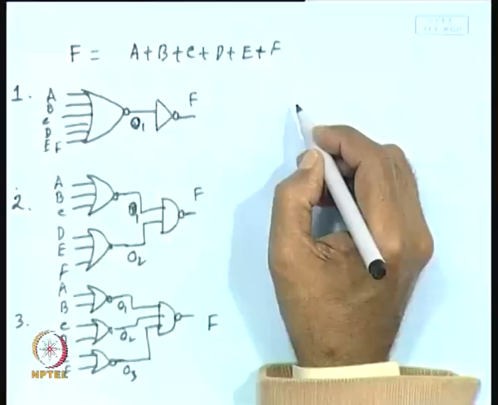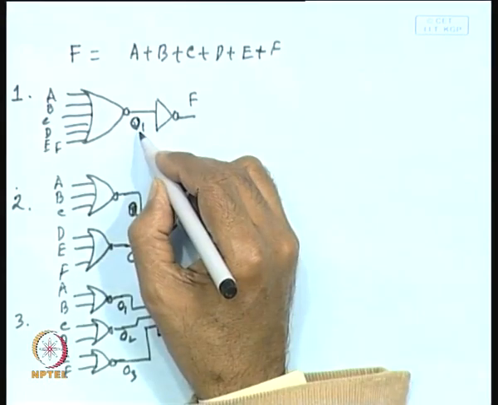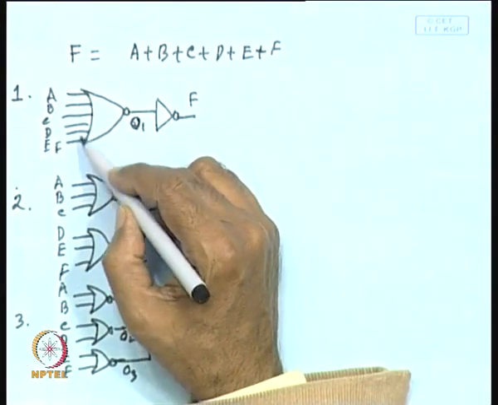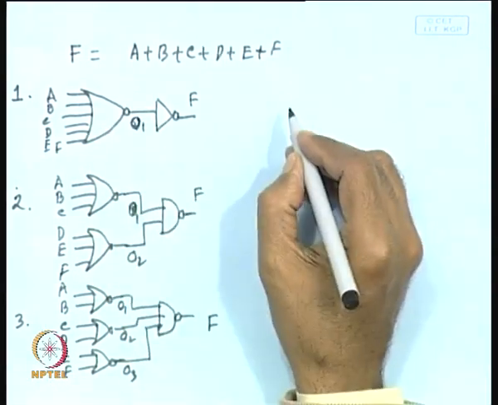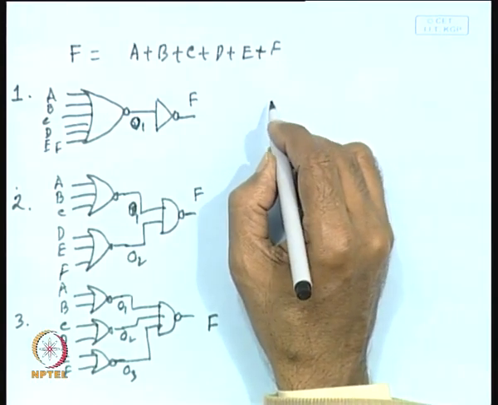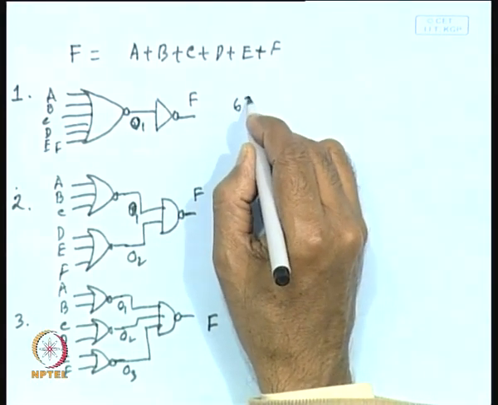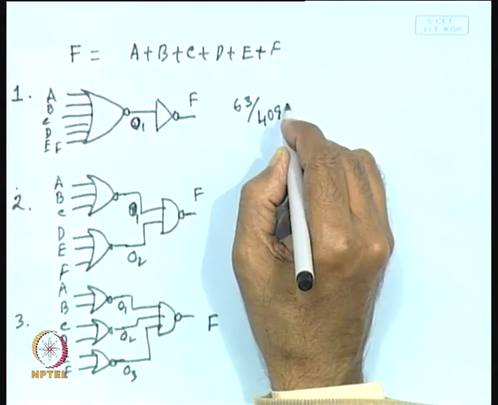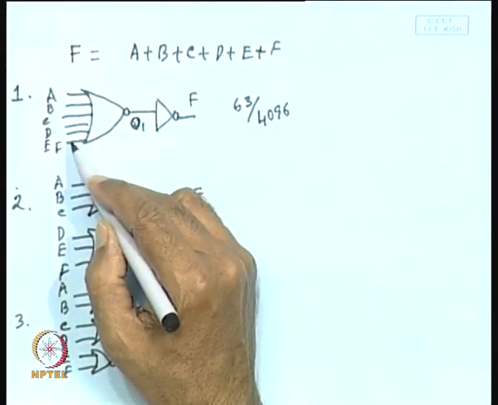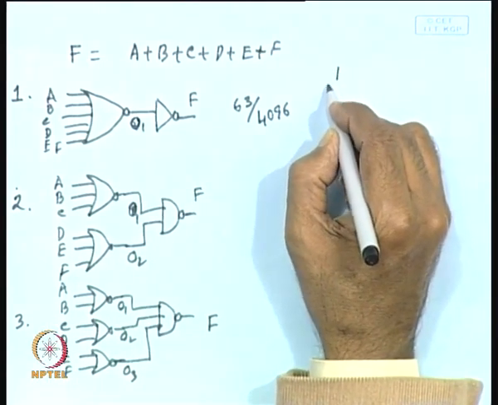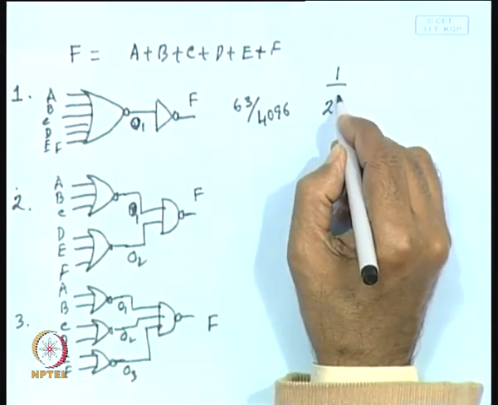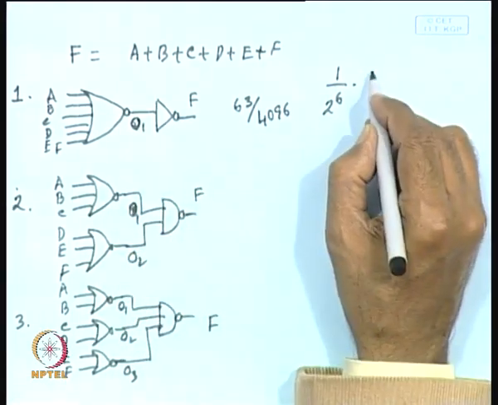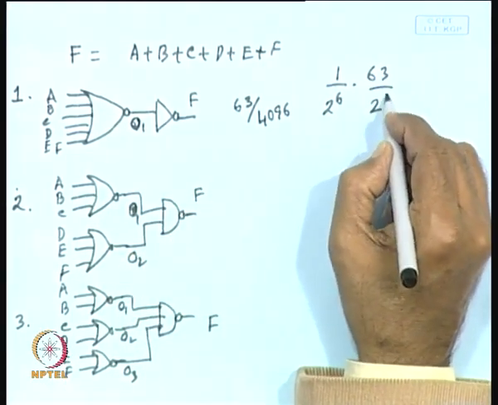Now, what is the switching activity at internal node O1 in the first case? As you know, it is a 6 input NOR gate, and the switching activity will be equal to 63 by 4096. The reason for that is, it will be 1 by 2 to the power 6 into 63 by 2 to the power 6.